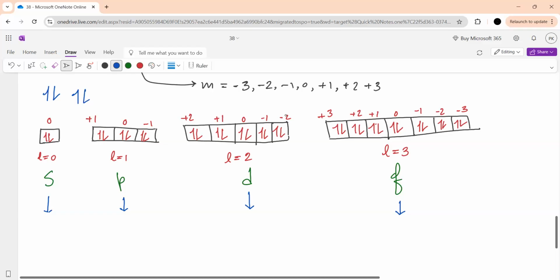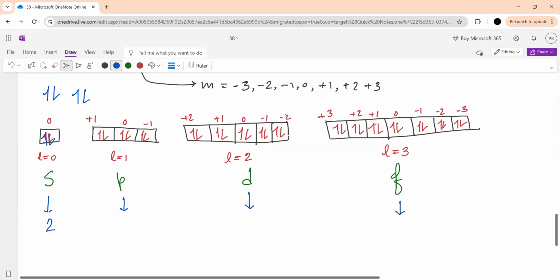So in this s orbital we have only one box, and in one box maximum two electrons can stay. So here are two electrons. See, I have drawn two electrons here. One is plus half and another is minus half. I have told you about Pauli exclusion principle that all the four quantum numbers of two electrons can't be same, right?